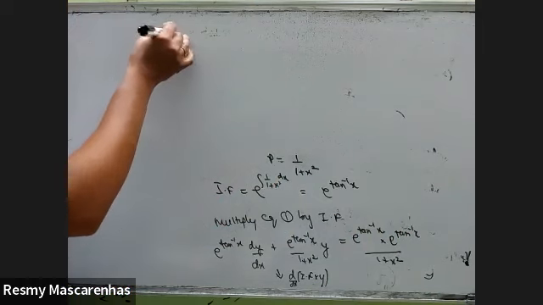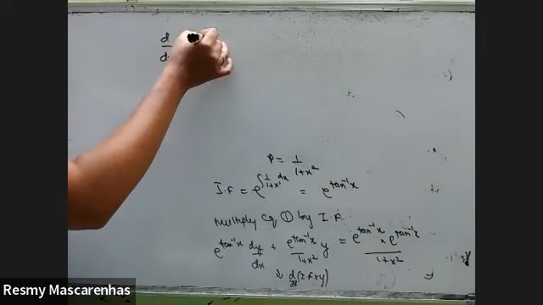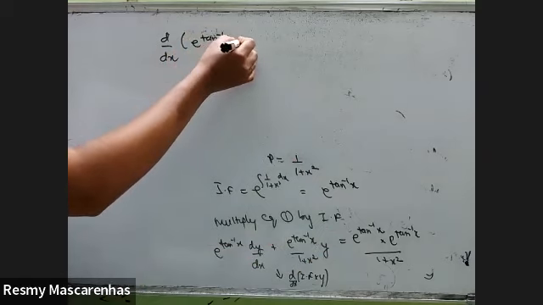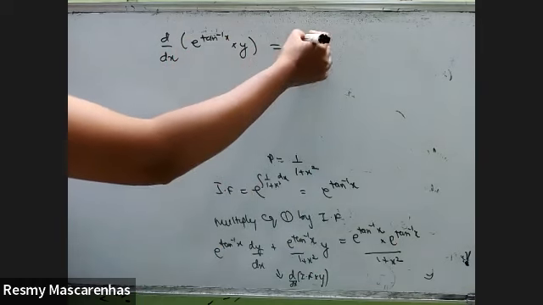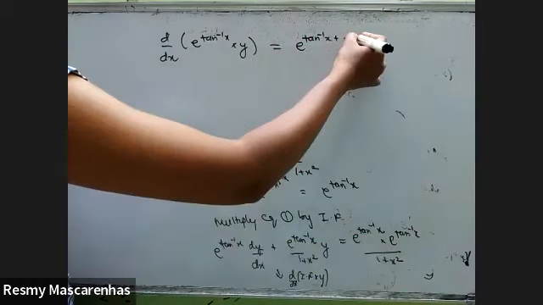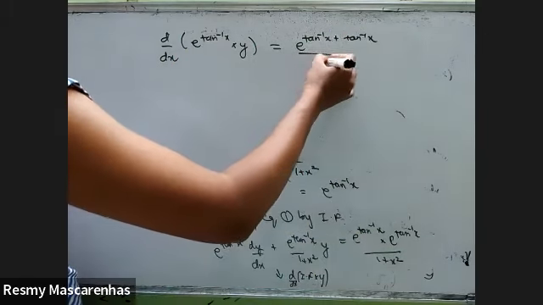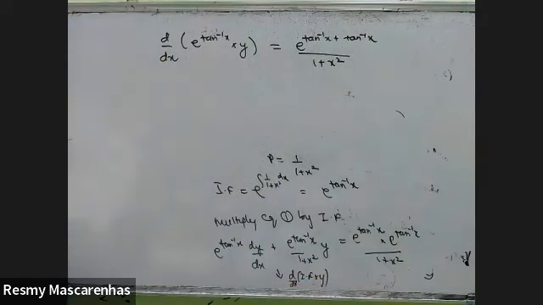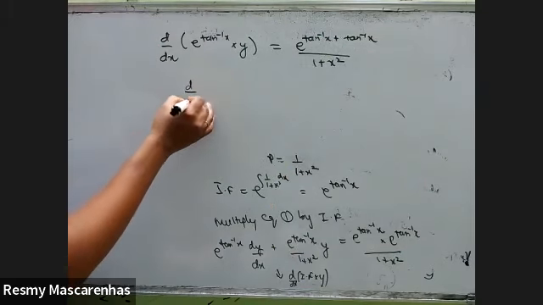So the derivative of integrating factor is e raised to tan inverse of x into y, whatever is here this side. Now common, I'll write tan inverse into this plus tan inverse. It's common, no? Powers will get added, so it will become 2 tan inverse.